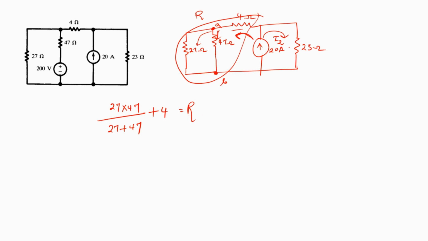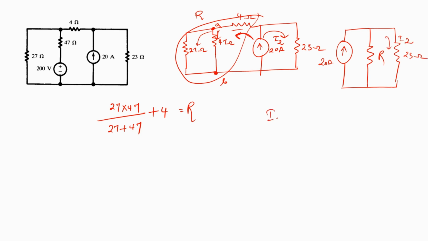Opposite to what? It is opposite to 23 ohms, because I can actually redraw this as 20 amps, with this R which I just found out, and the 23 ohms over here. So now I can compute the current I2 as the total current 20 into the opposite resistance, opposite to the 23 ohms, which is R, divided by the sum of resistances, so 23 plus R. Here, the value of R is found to be 21.15 ohms.